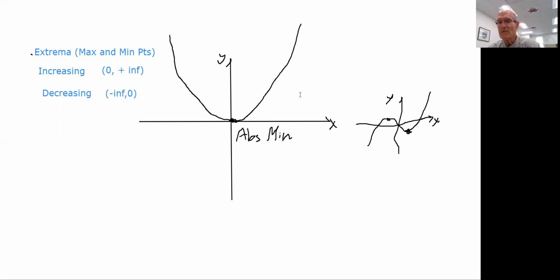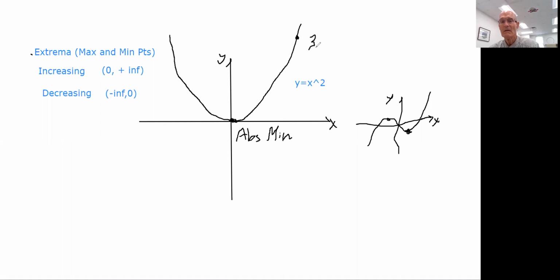Now, this is the y equals x squared function. Remember, if I put this in, that's the same thing as an exponent. So y equals x squared. We have a point here which would be, say, 3 and 9.